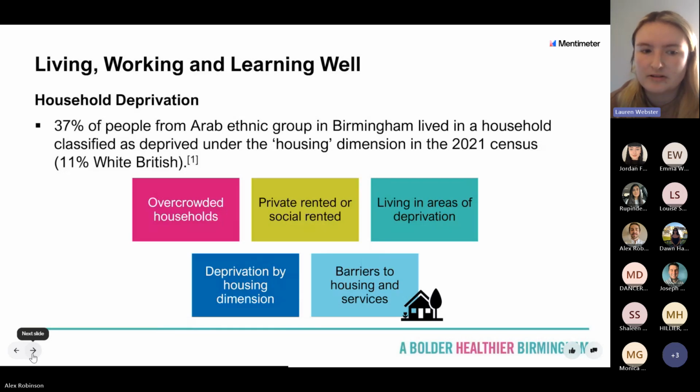And on barriers to housing and services, 22% of people from the Arab ethnic group in England live in deprivation under the barriers to housing and services domain, compared to the 11% England and Wales average. This includes geographical barriers such as physical proximity to local services, and wider barriers including affordability of housing.